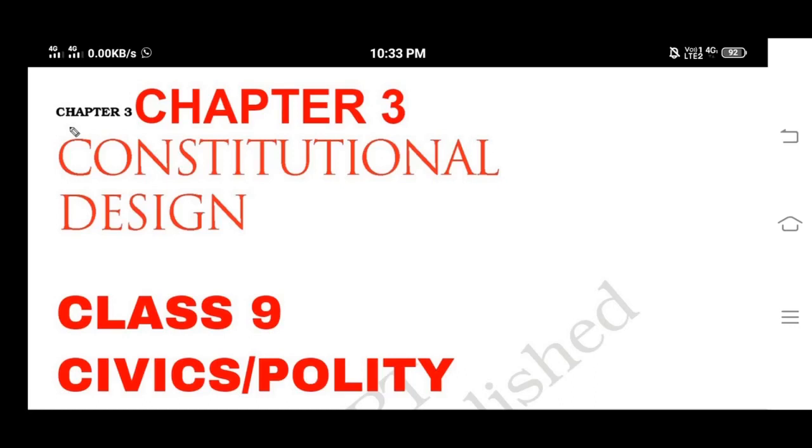The title of the chapter is Constitutional Design. First, you should know what constitution means. Then we will move towards the first topic, that's apartheid system.